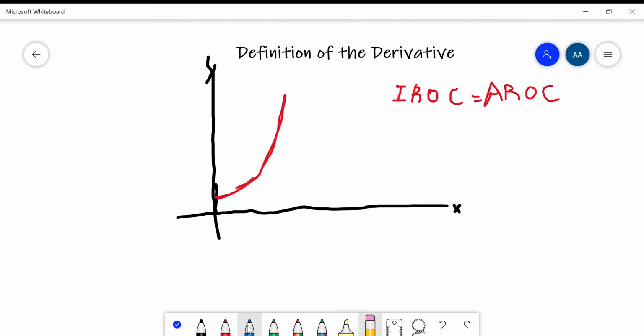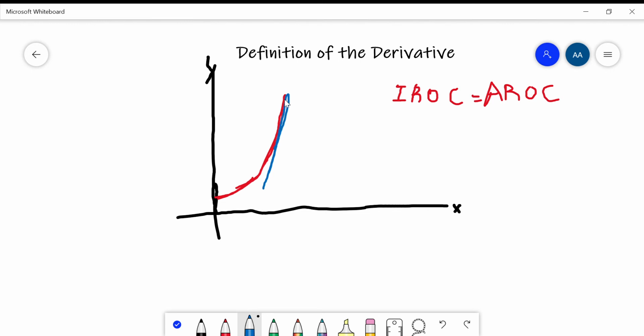So let me take blue right here. If I wanted to find it, I could draw a tangent line with the slope. As you can see, right there, it'll be tangent to the curve at this point.